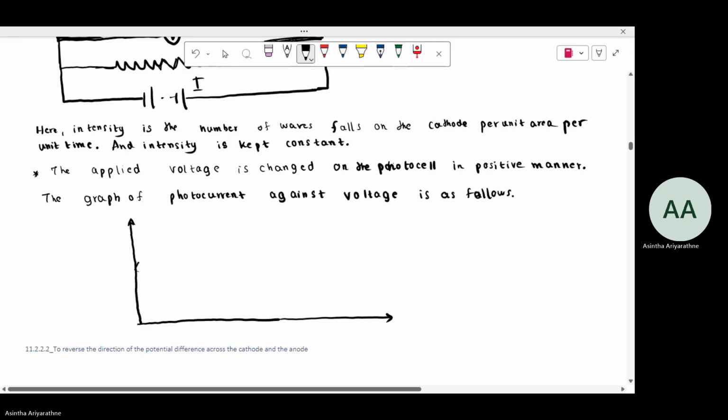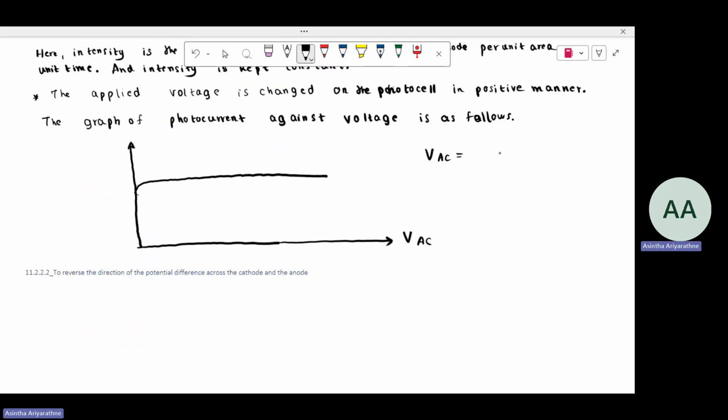It is almost constant. Here V_AC is the voltage of the anode with respect to the cathode, when it is positive.